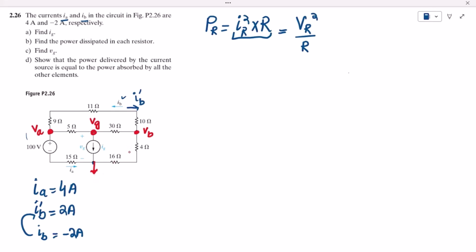And the currents here: let me take this current as I_B, this current, taking the direction here, is I_B prime, and the current flowing through this one is I_5. These currents are given now.